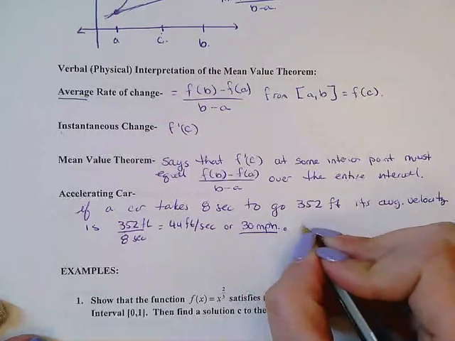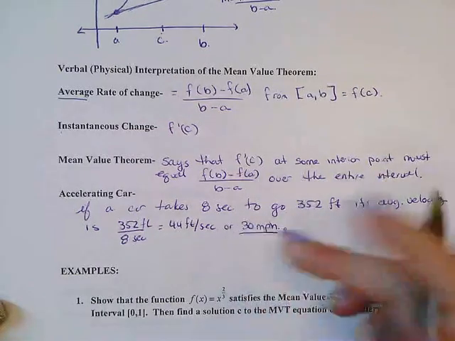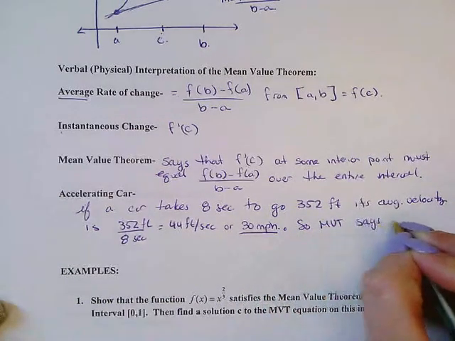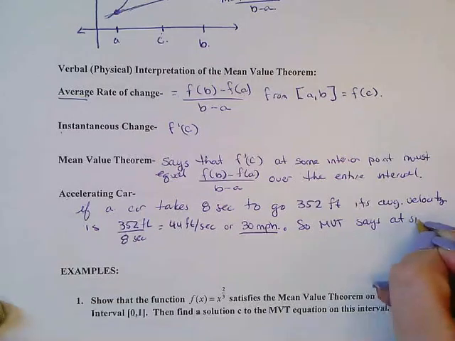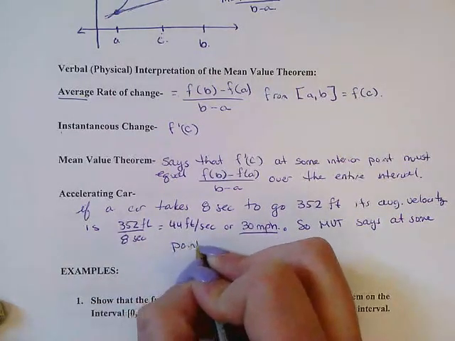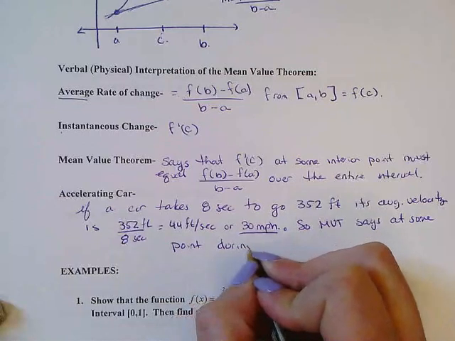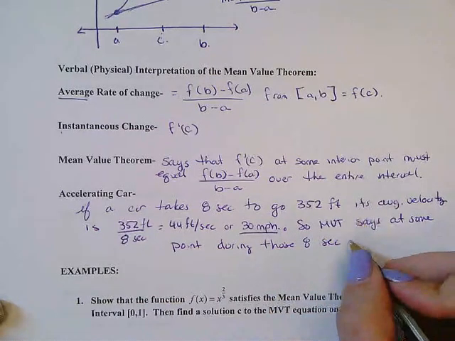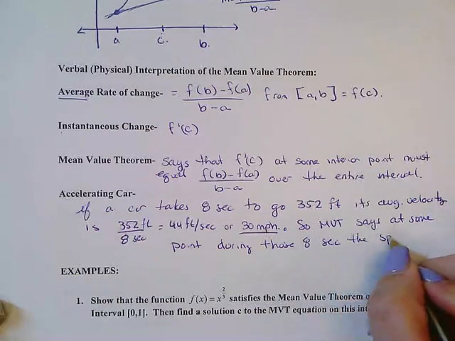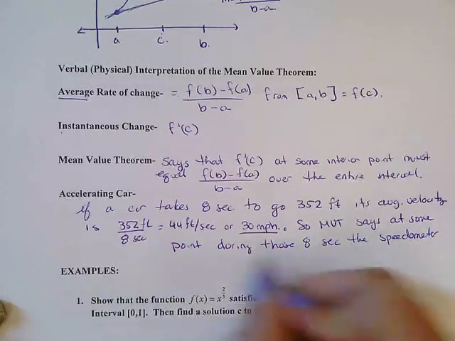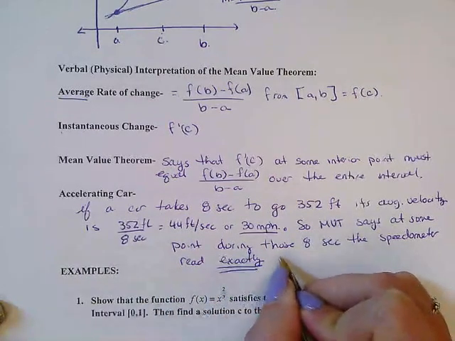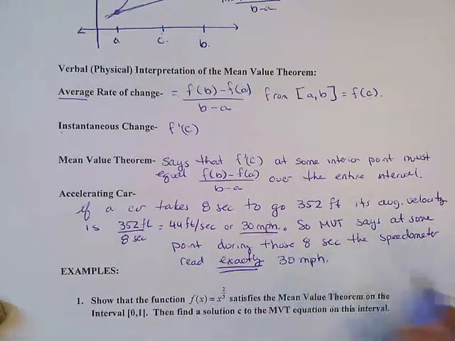So what the MVT says about this statement right here is that at some point during those 8 seconds, the speedometer read exactly 30 miles per hour.